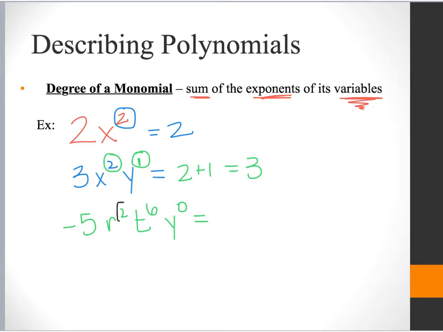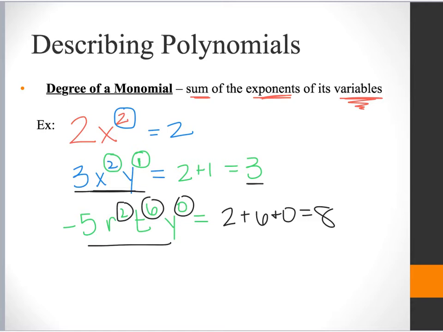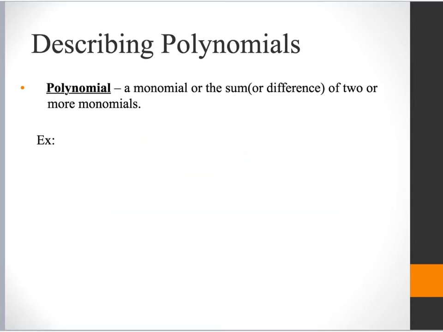So in this case, I'm going to look at my 2, my 6, and my 0. So I'm going to add those together. So 2 plus 6 plus 0 gives me 8. So I say the degree of this monomial is 8. The degree of this up here, like we mentioned, was 3. And the degree of this right here is 2.